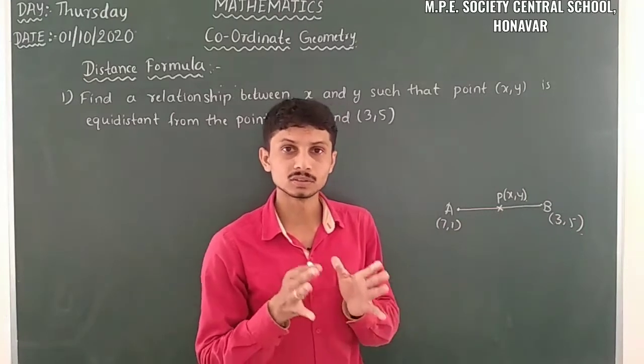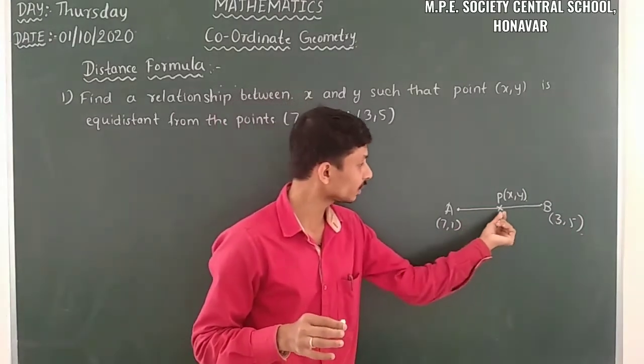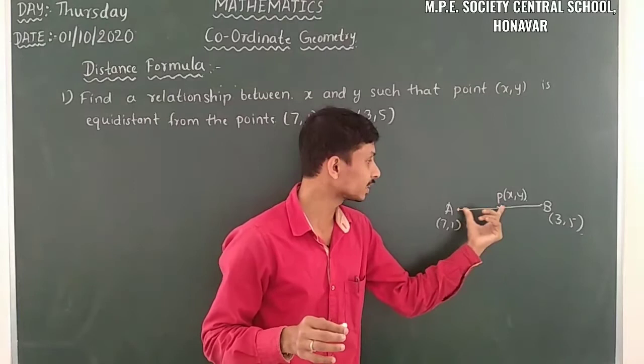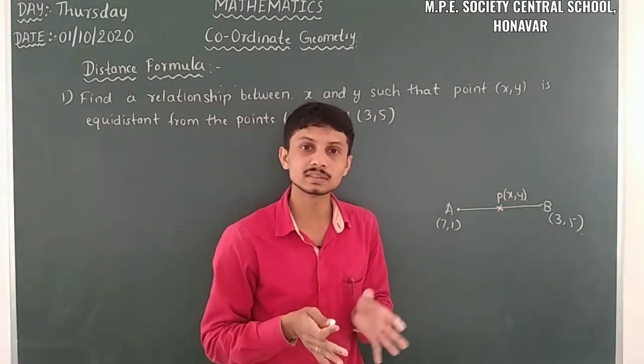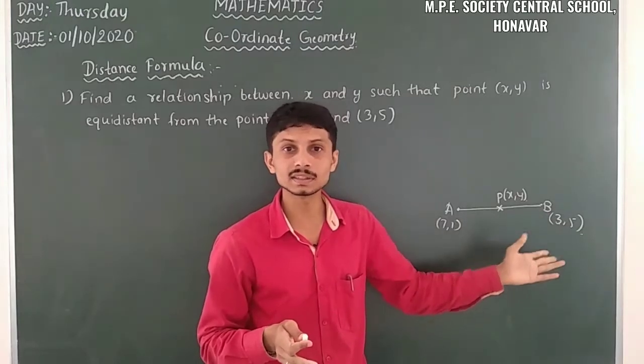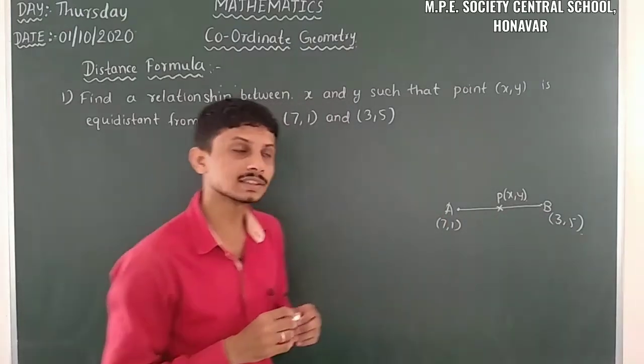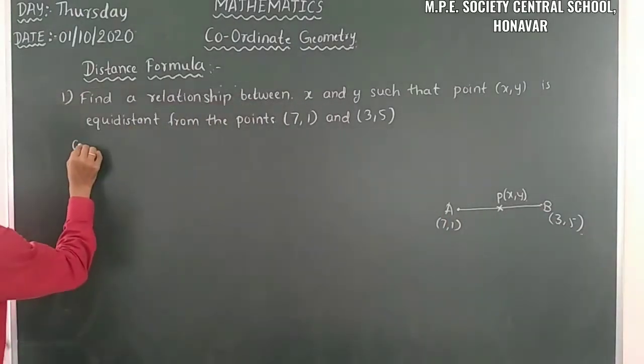When we take this point, this distance and this distance are one and the same. That's why we can take AP is equal to BP.